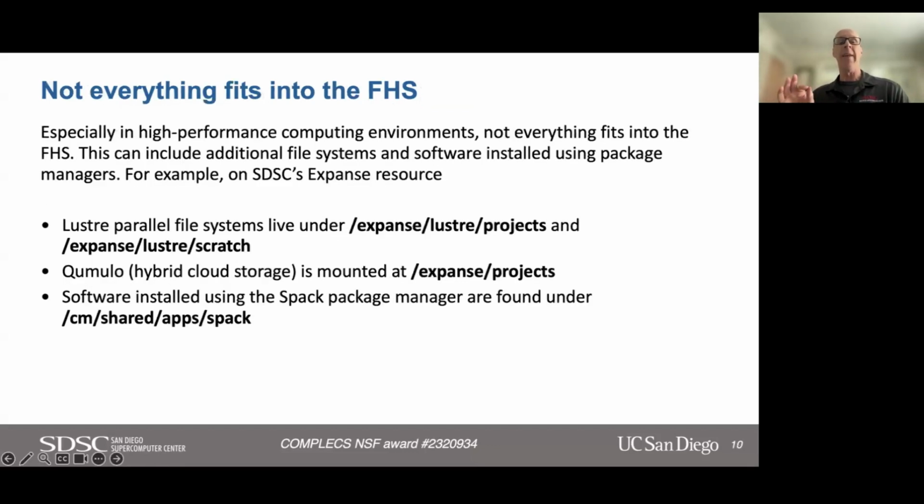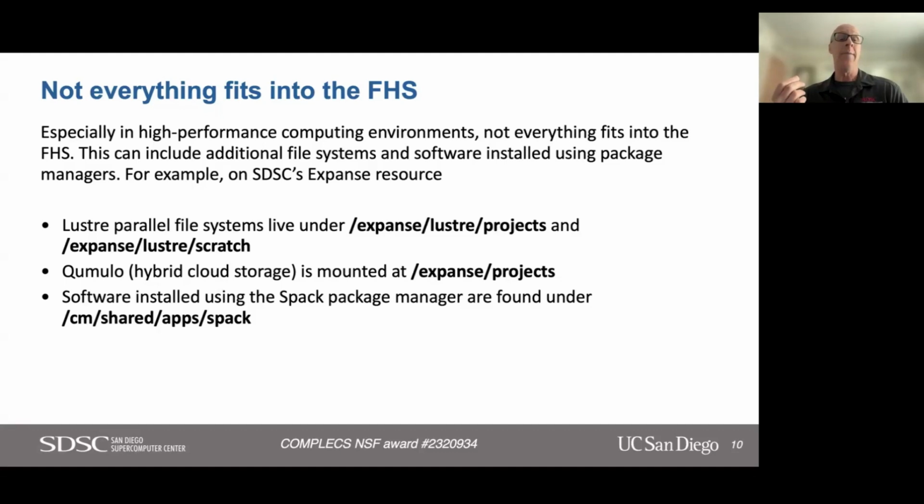Now, not everything fits into the FHS, and this is especially true in a high-performance computing environment. One of the reasons I bring this up is I mentioned the /opt directory, which is where software had traditionally been installed. You're going to find that /opt, especially in an HPC environment, is not used as often. Our software is installed and managed using something called Spack, and you're going to find that the applications that we build and maintain are found in /cm/shared/apps/spack.